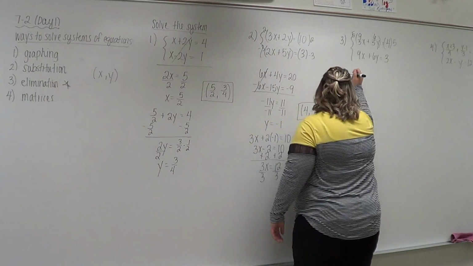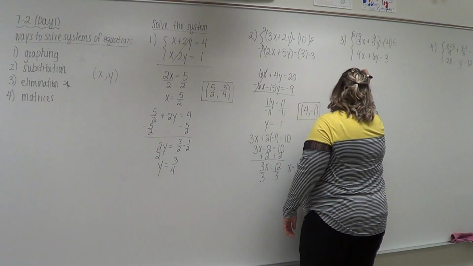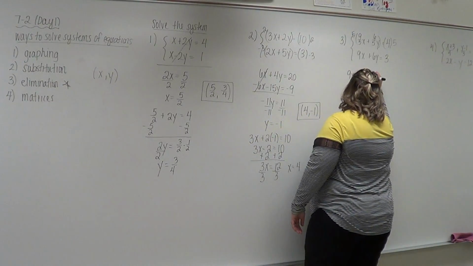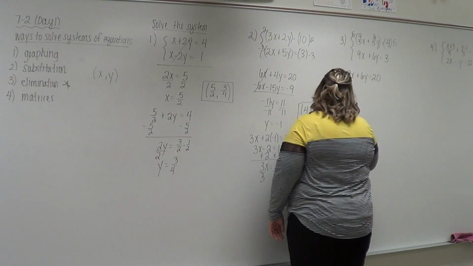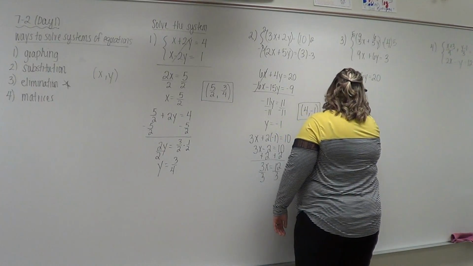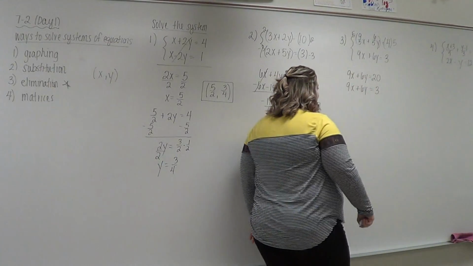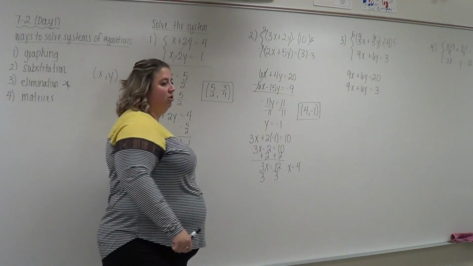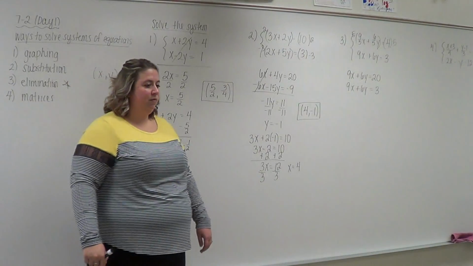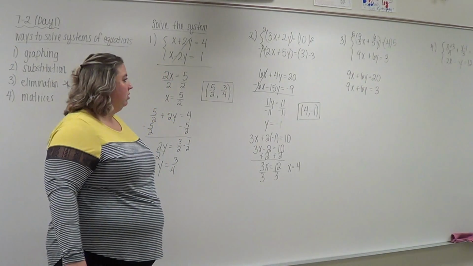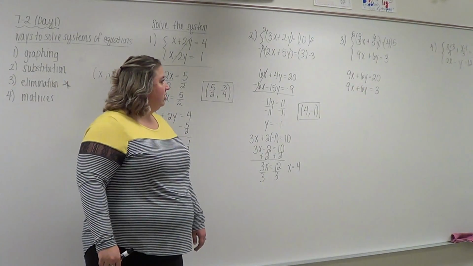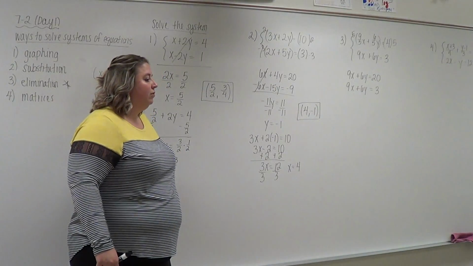So when I do that, my equation would become 9x plus 6y equals 20. And my second equation I didn't do anything with. So then you don't have fractions anymore. Now, to get something to cancel, what would I have to do?